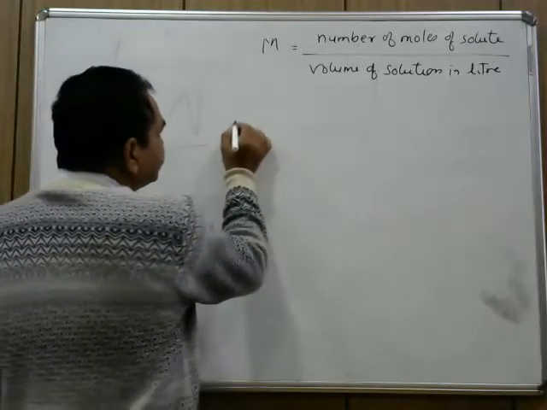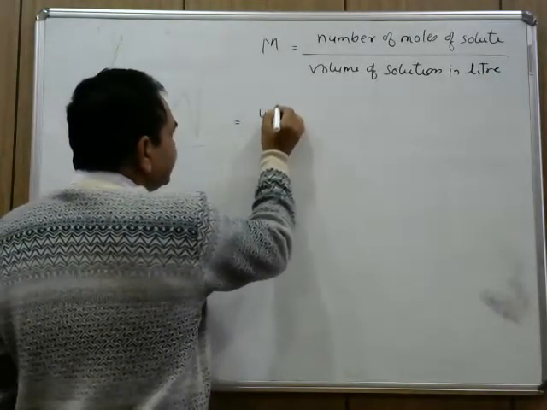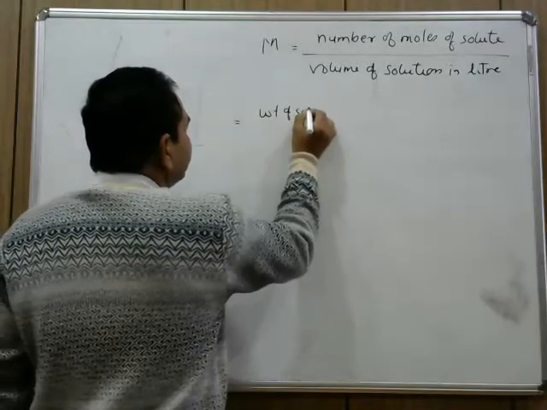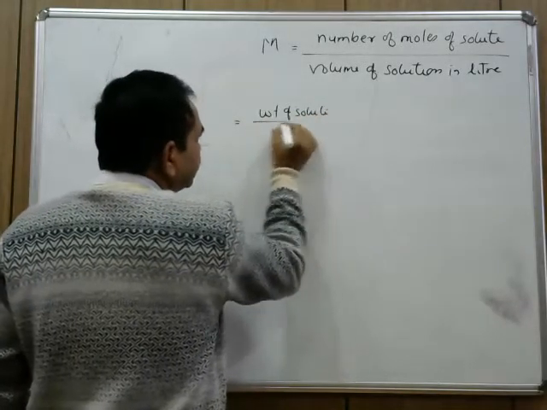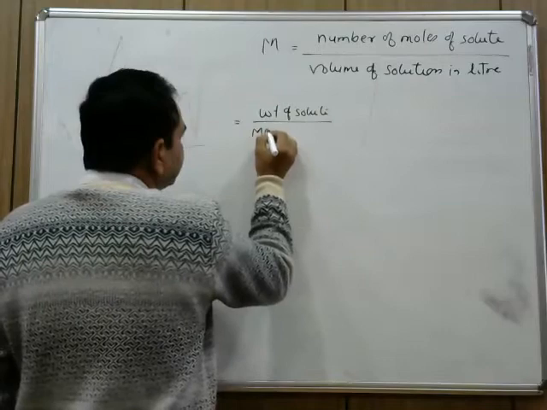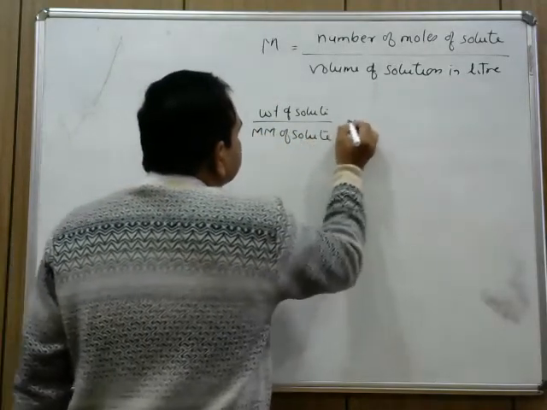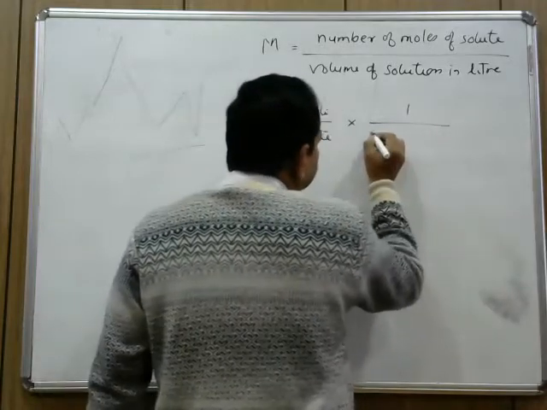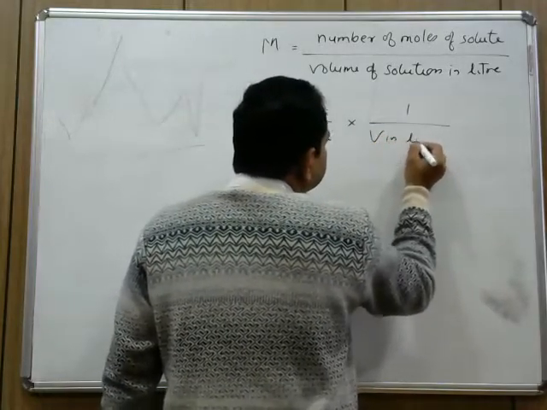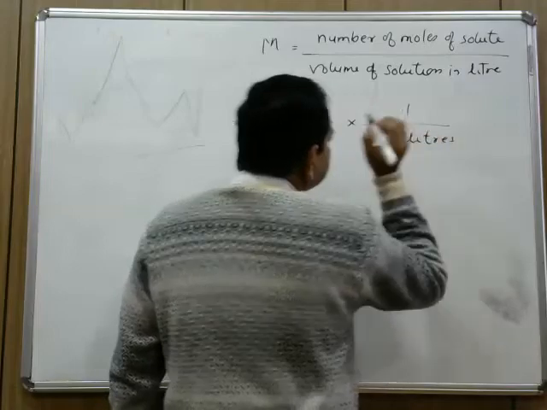Now number of moles is given by weight of solute divided by molar mass of solute into 1 upon volume in liters.